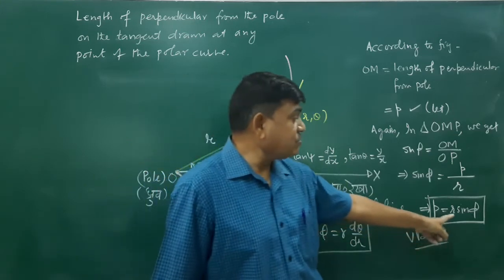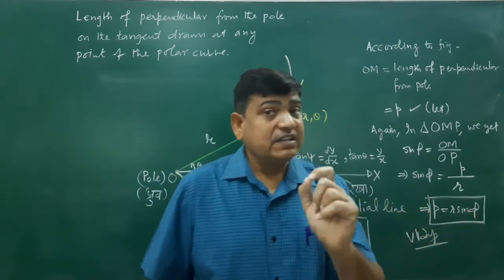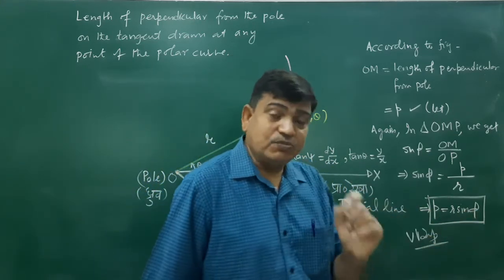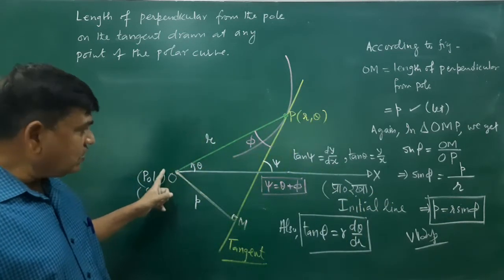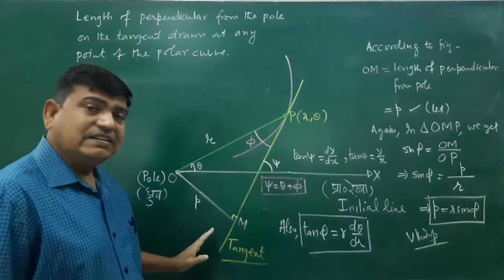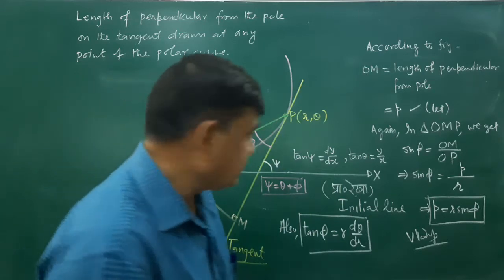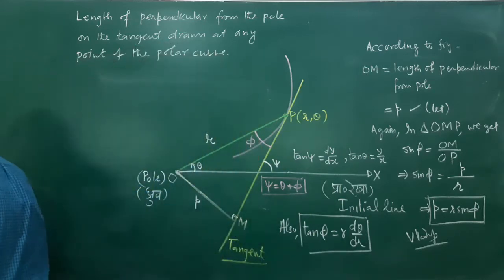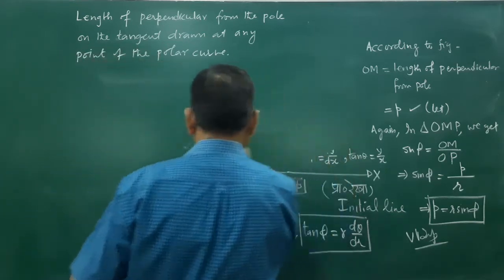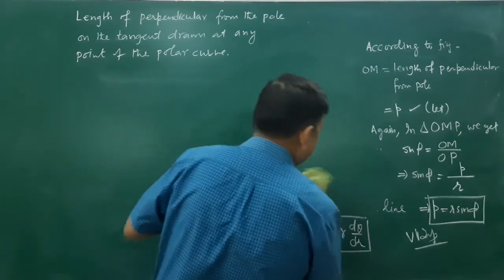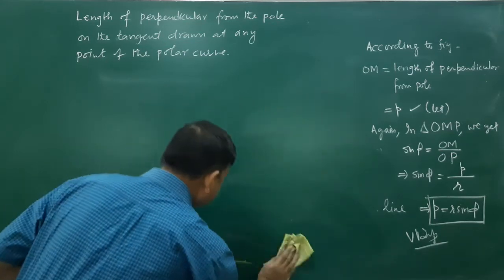And here p equals r sin phi. What is r? Radius vector. What is p? The small p here, the length of perpendicular from pole to the tangent. Okay. Now we derive an important result.